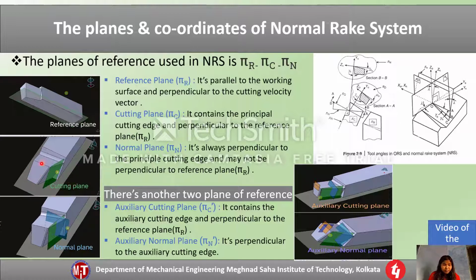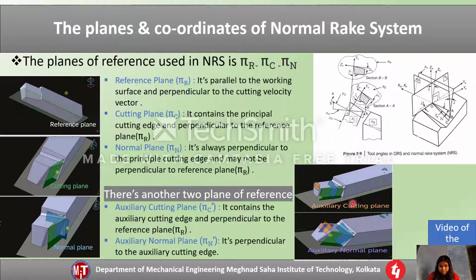Now the cutting plane and normal plane are both for the principal cutting edge, so obviously there will be another two planes for the auxiliary cutting edge. One is the auxiliary cutting plane, same as the cutting plane, and the auxiliary normal plane, same as the normal plane.